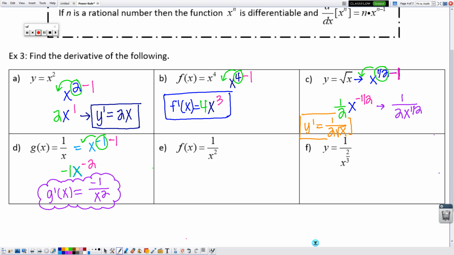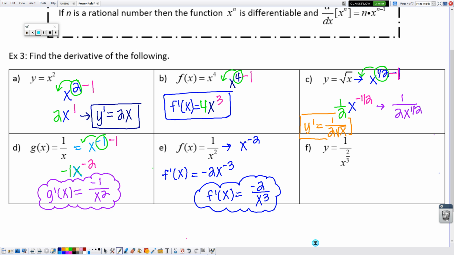No narrative this time. Alright, so we should have gotten negative 2 over x cubed.